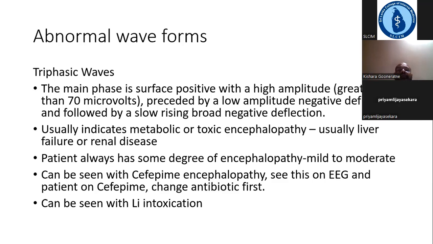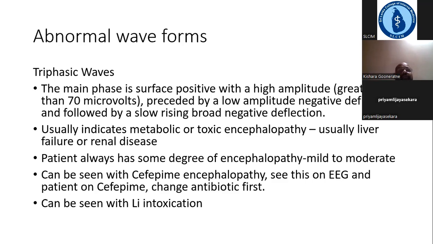So you will have a low amplitude negative deflection first, then a very high amplitude downward deflection, followed by another low amplitude upward deflection, which is the typical morphology that we will see in a triphasic wave.